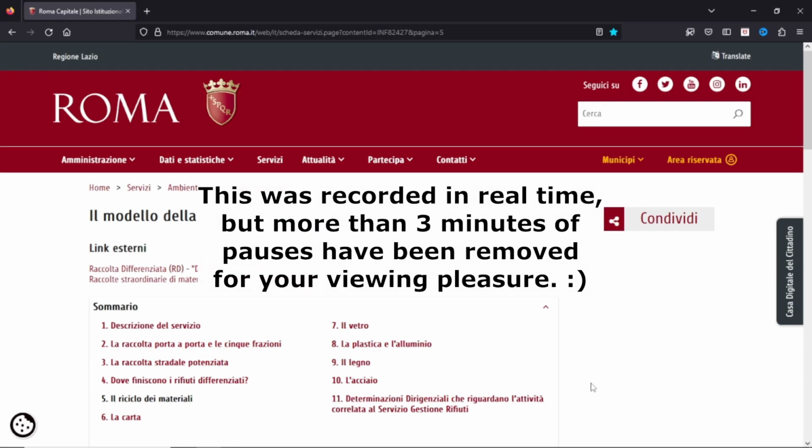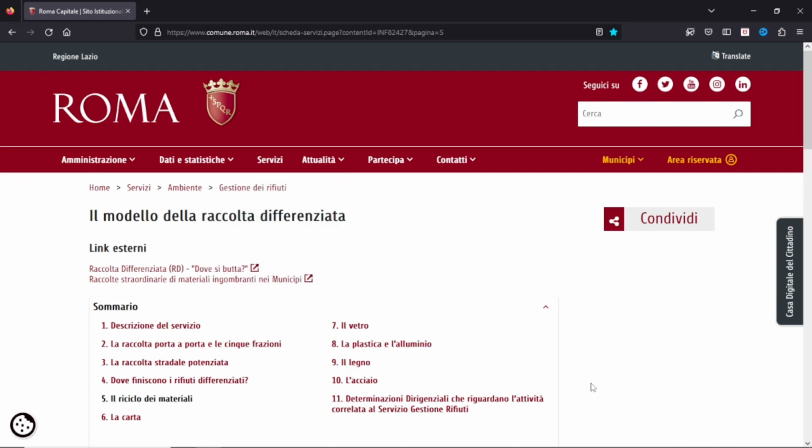So today we're doing another Let's Translate, this time at this site, which is an administration kind of site for the Rome area. And we're talking about recycling, because that's just a general topic of interest and conversation.